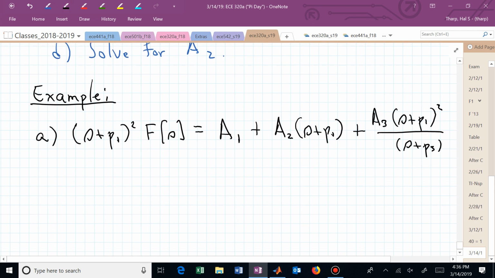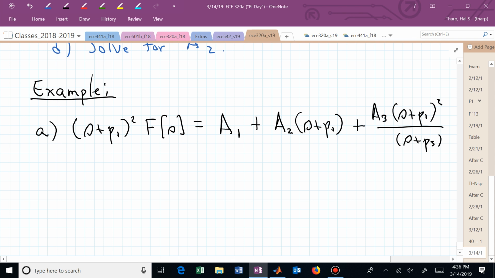I'm doing it in general so that you can see what actually happens in the different steps. We're okay with this line. We just multiplied both sides through by the highest power of our repeated pole factor. And we have s plus p1 squared times the original transform, and then A1, A2, and A sub 3 terms are what have resulted.